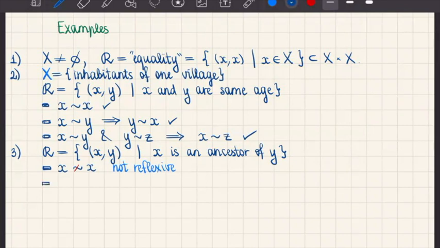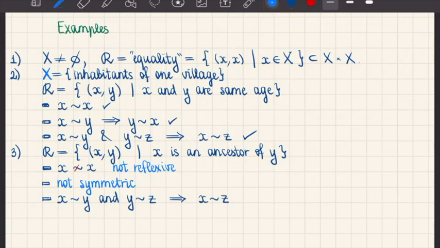Moreover, it is not symmetric. But it is transitive because if x appears in the genealogy of y and y appears in the genealogy of z, then x will also appear in the genealogy of z.